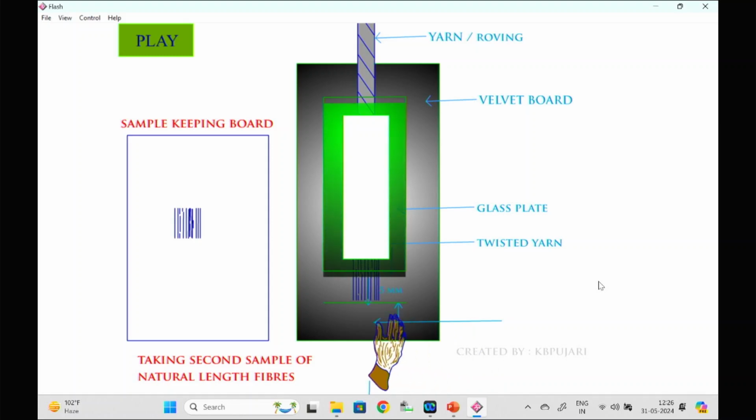So this is the cut square method. You can see that we are collecting the different specimens.